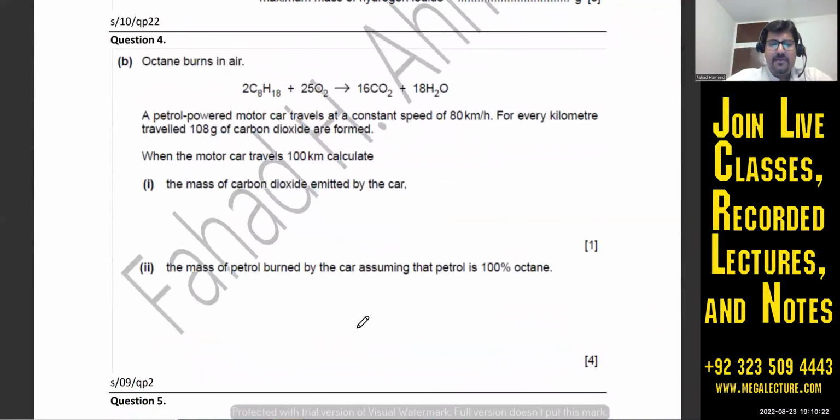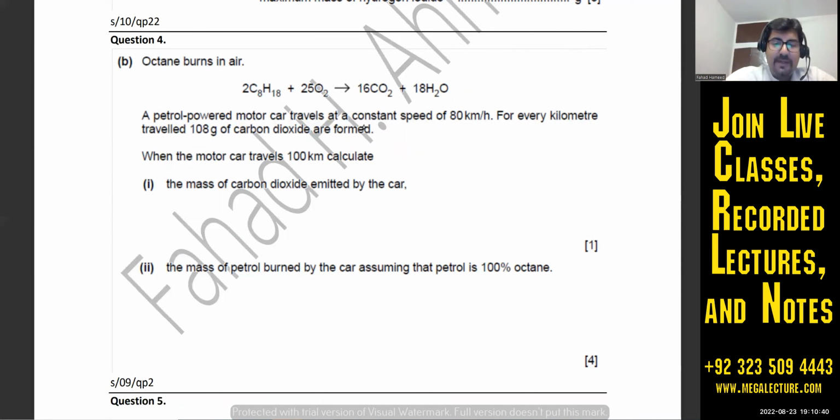Here's another question. It's just asked in a different way. He's saying a petrol-powered motor car travels at a constant speed of 80 kilometers per hour. For every kilometer traveled, 108 grams of carbon dioxide are formed.